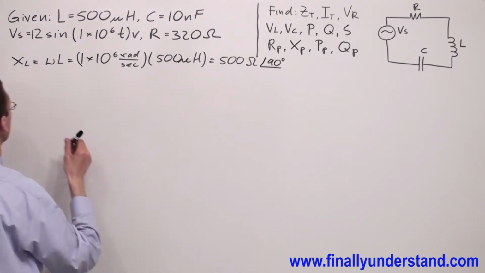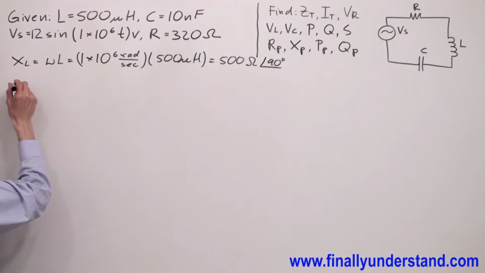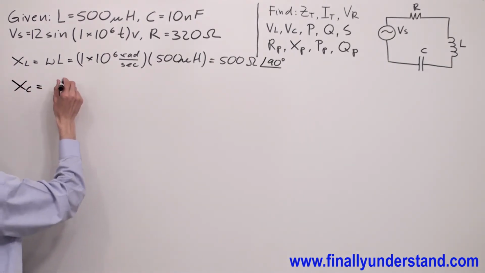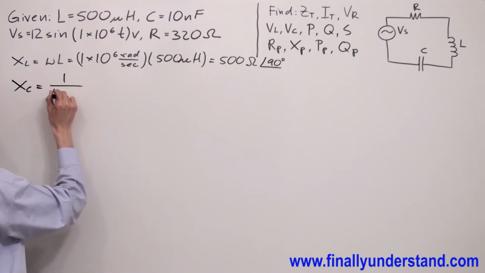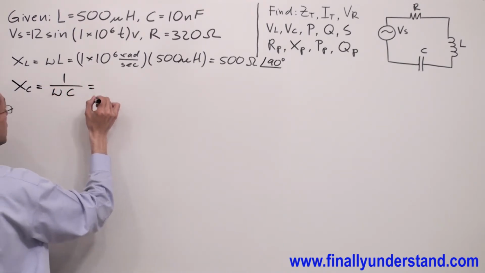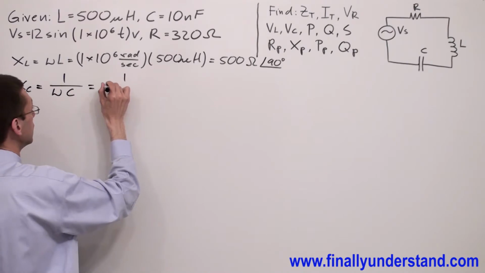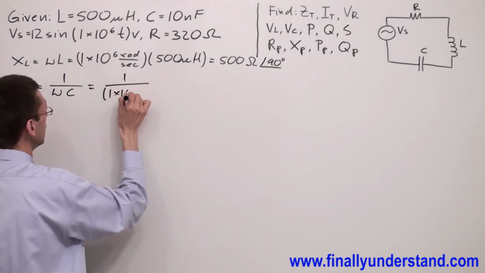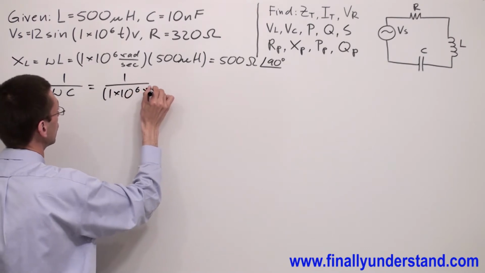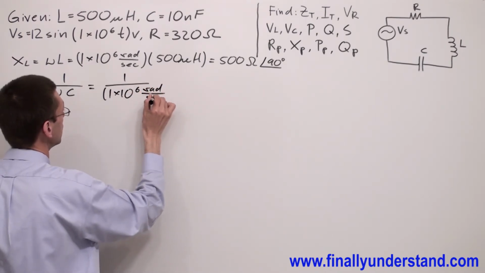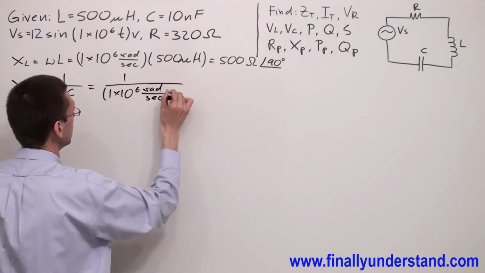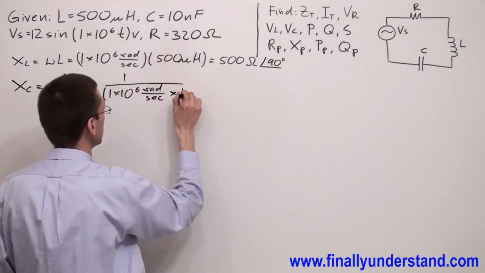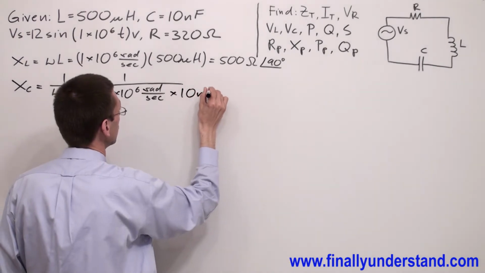but we are going to work with the polar form. Next, we're supposed to find X of C, the capacitive reactance. The formula is 1 over omega C. This is equal to 1 divided by omega, 1 times 10 to the 6th radians per second, times capacitance, which is equal to 10 nanofarads.